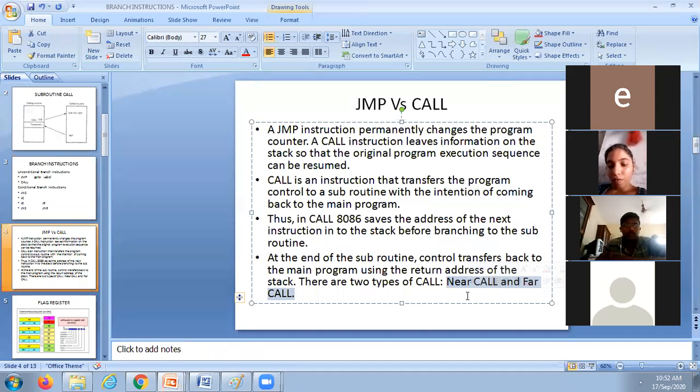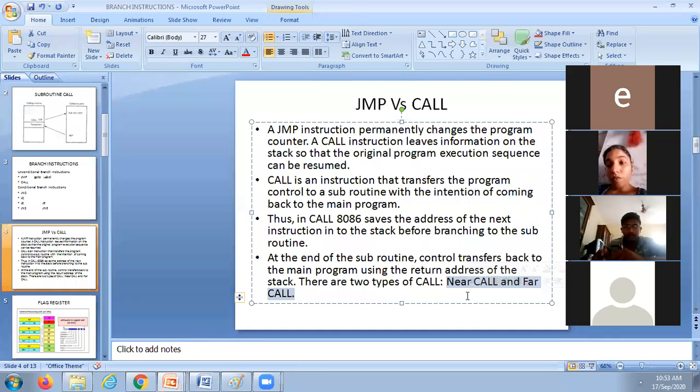Some part will be used for the code purpose, some part for storing data, some part of the memory for the stack purpose, and some part for other purposes. That is only a division, one of the concepts used in the memory, segmentation.